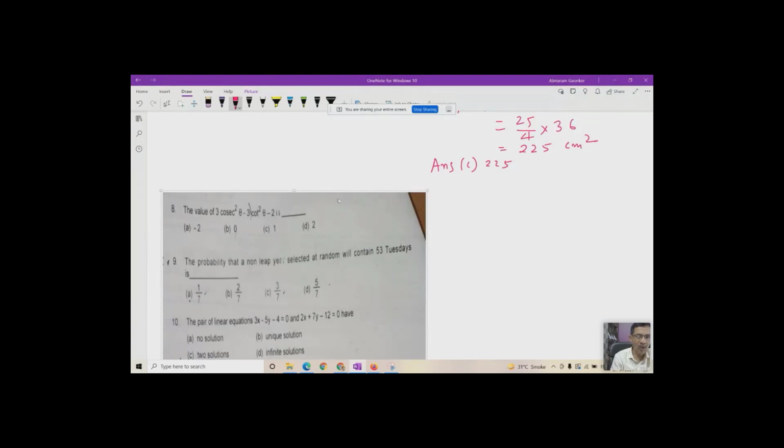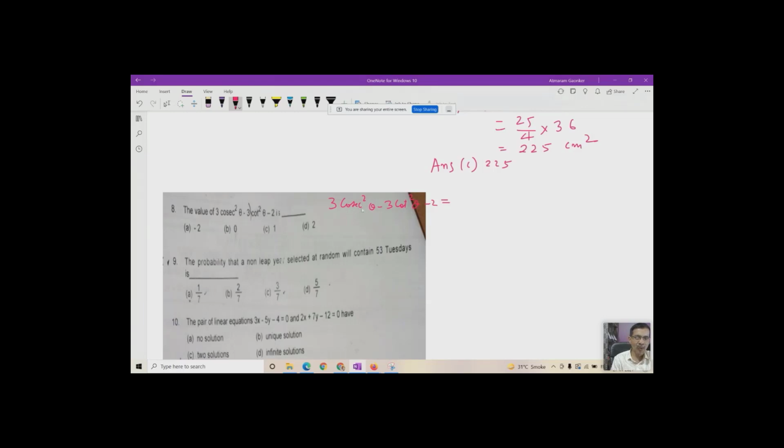Smita, it is very easy. First, what we will do, we will write this: 3 cosec square theta minus 3 cot square theta minus 2. See, here you have to use the reciprocal formula and the cot formula.